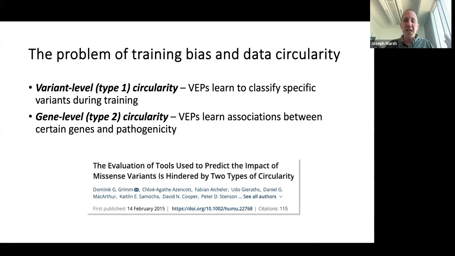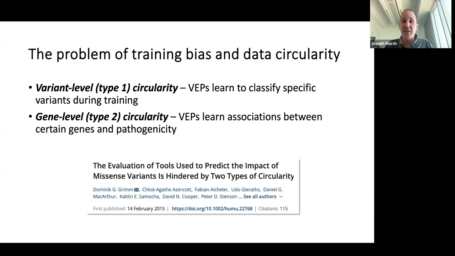So one of the big problems when it comes to evaluating predictor performance is related to this issue of training bias and data circularity. Basically, people will train on a data set and then test it on a related data set. There are two types of circularity that have been highlighted here. One is what's called variant-level or type 1 circularity.